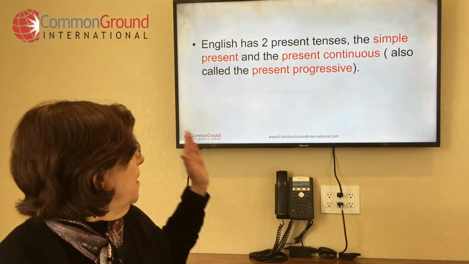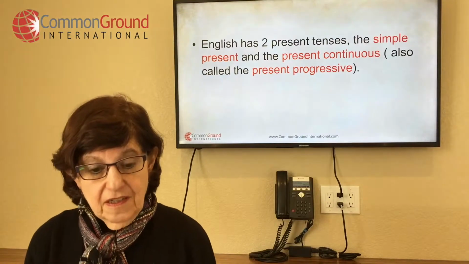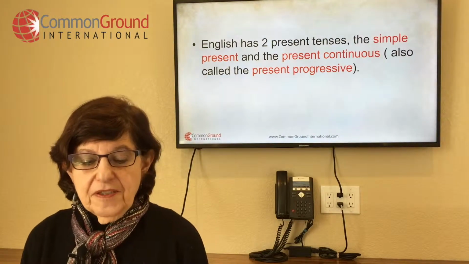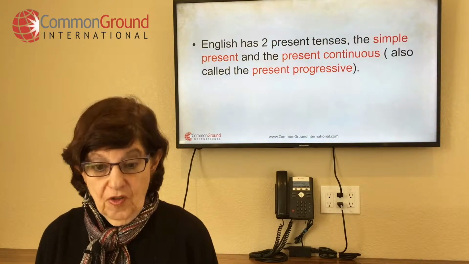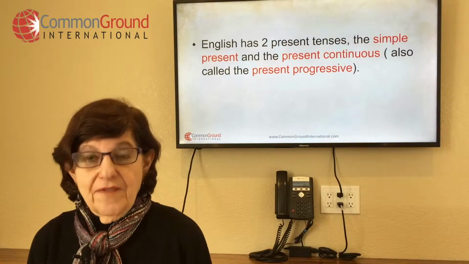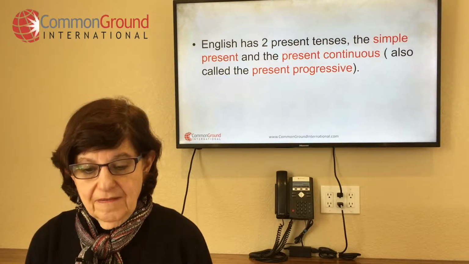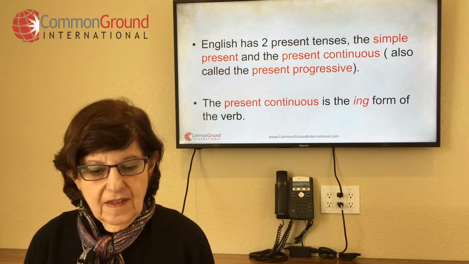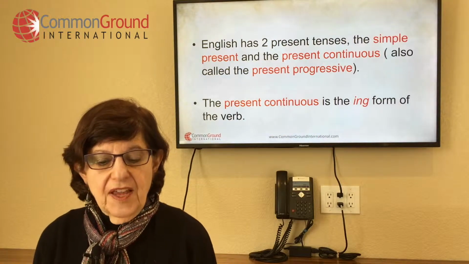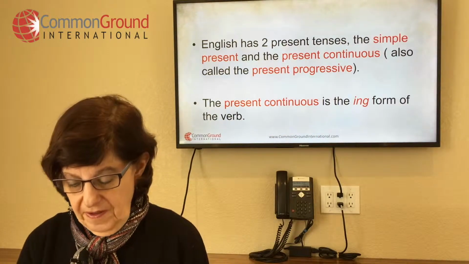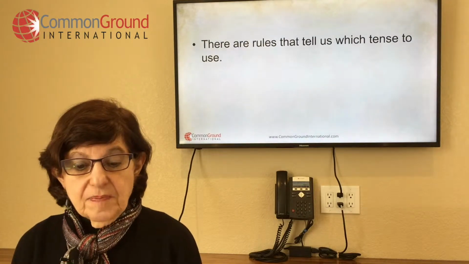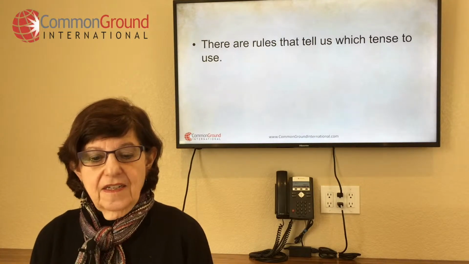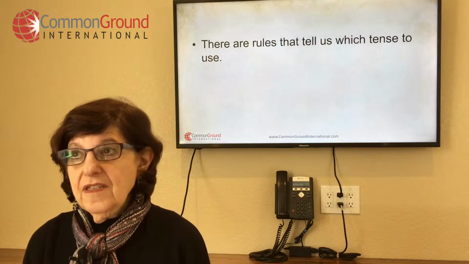The problem is English has two present tenses, the simple present and the present continuous, which is also called the present progressive. You may have heard it both ways. They're both correct. The present continuous is the ing form of the verb. There are specific rules that tell us which tense to use.